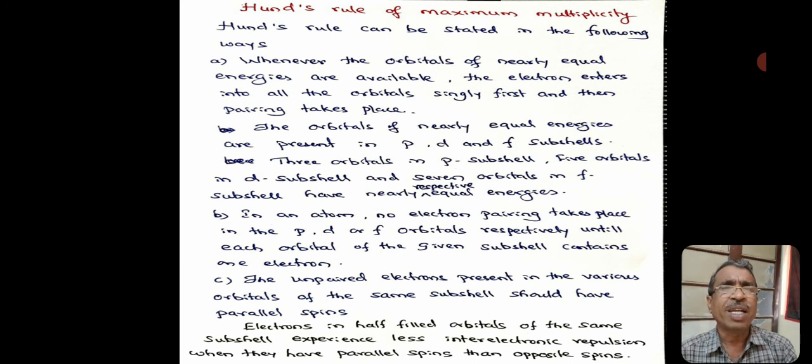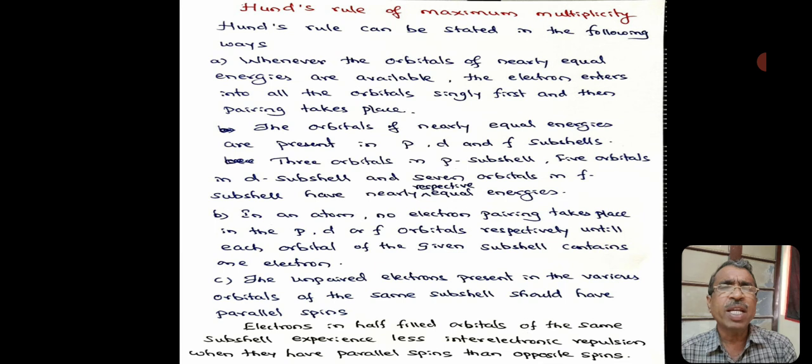The p subshell contains 3 orbitals, the d subshell contains 5 d orbitals, and the f subshell contains 7 f orbitals, and these orbitals have almost equal energies. In such cases, Hund's rule is applicable.